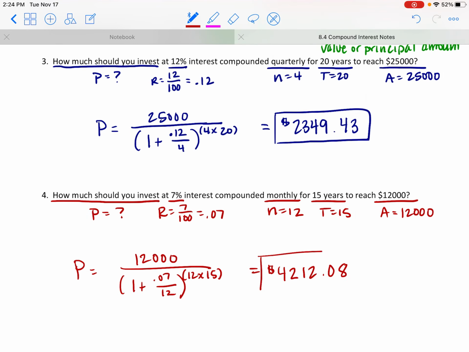So if you had $4,212.08 to put into this investment, and the interest was at a rate of 7% compounded monthly for 15 years, that investment would grow to $12,000.